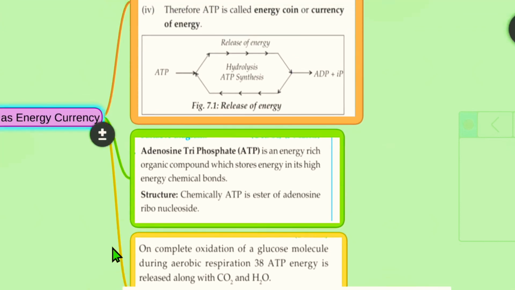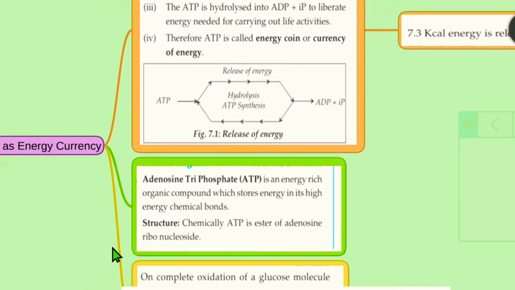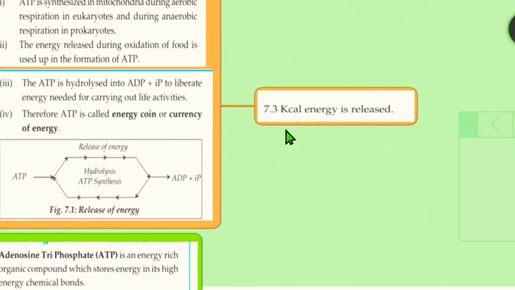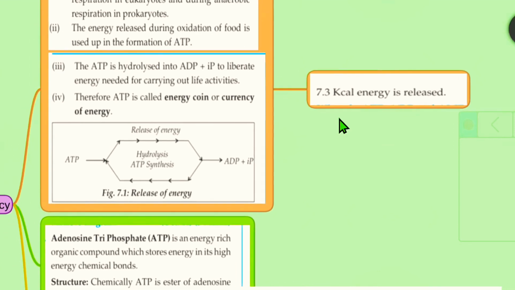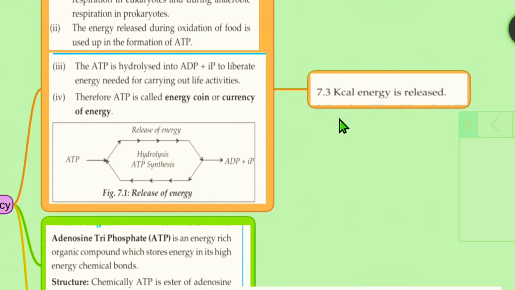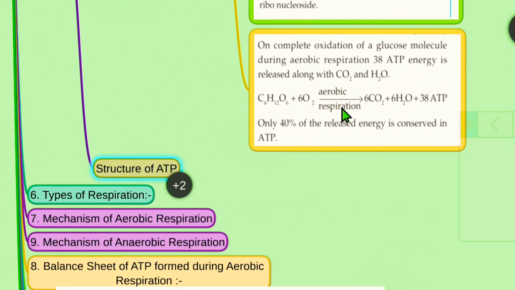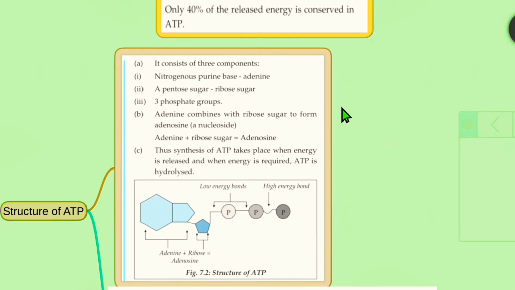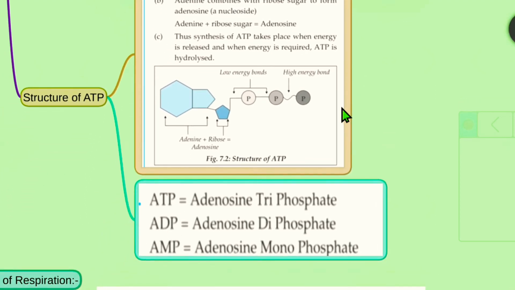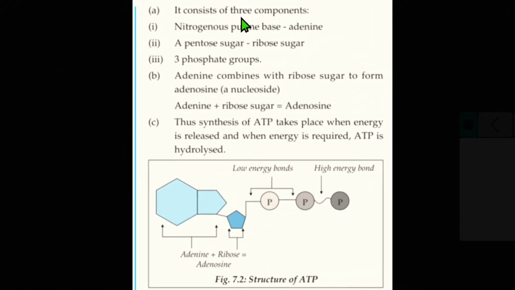7.3 kilocalorie energy is released during hydrolysis of one molecule of ATP. See the structure of the ATP here. It consists of three components.